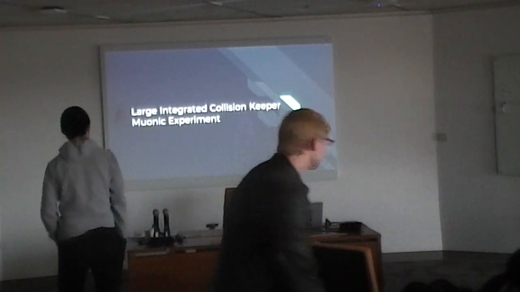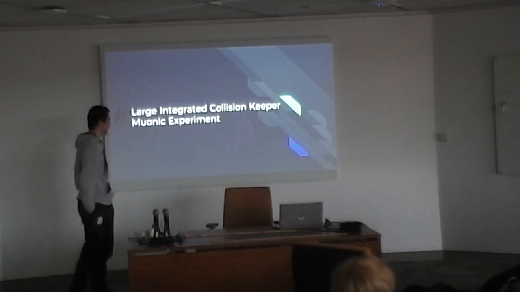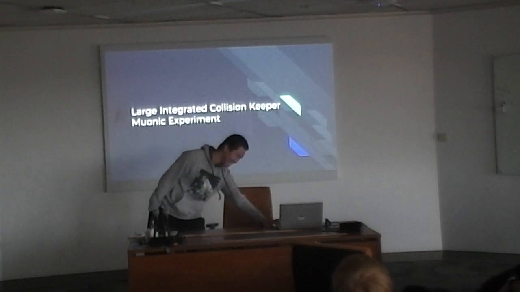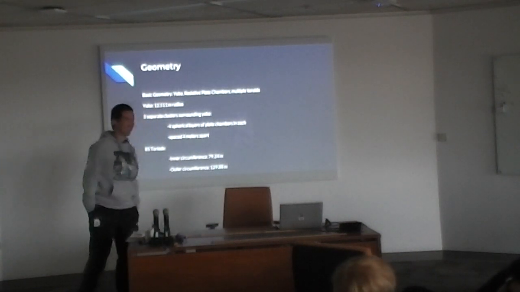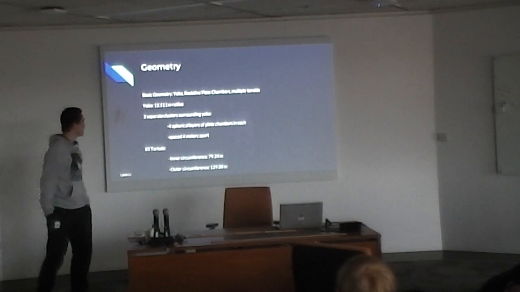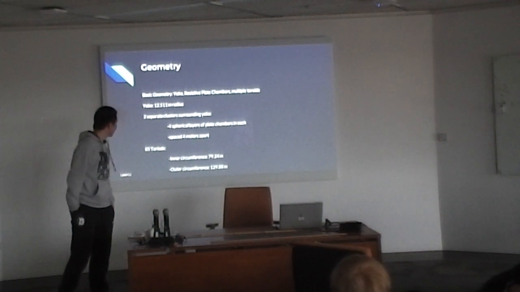All right, now let's talk about the muon detector, the Compact Muon Solenoid experiment. Okay, so for the geometry, we decided to go with a spherical design. We have a yoke, and we're using resistive plate chambers, and we have multiple toroidal magnets.